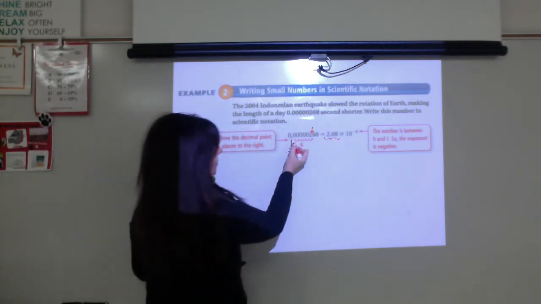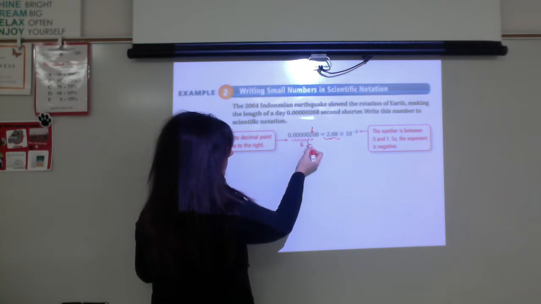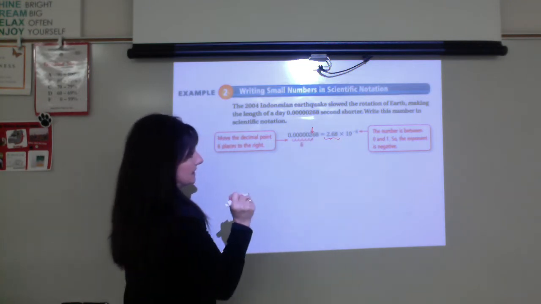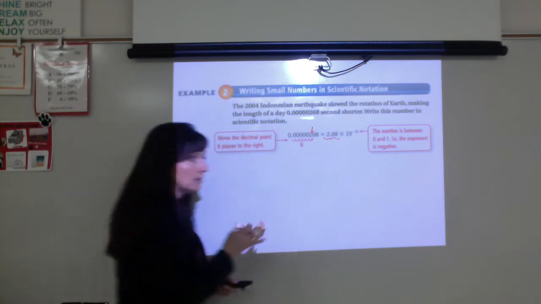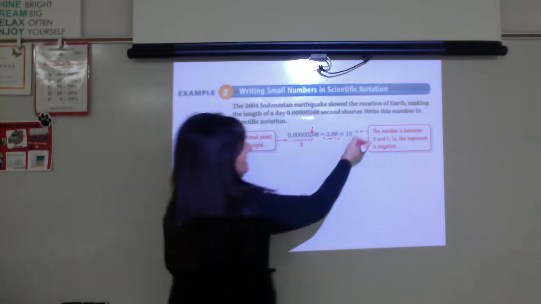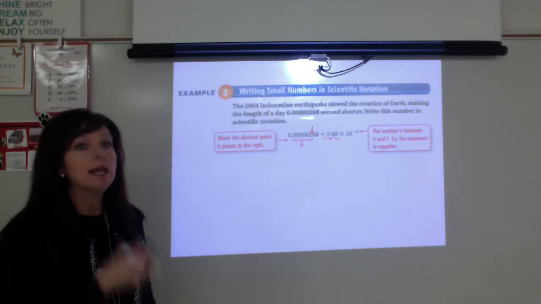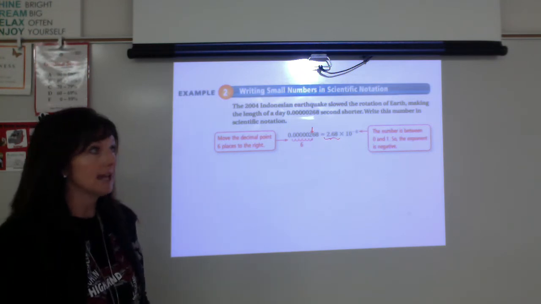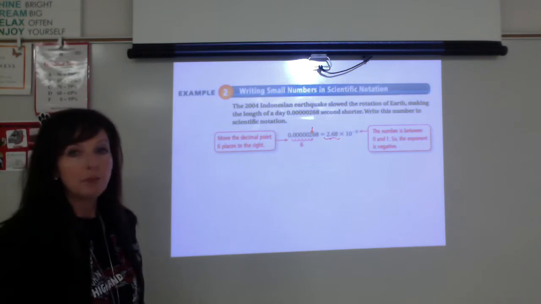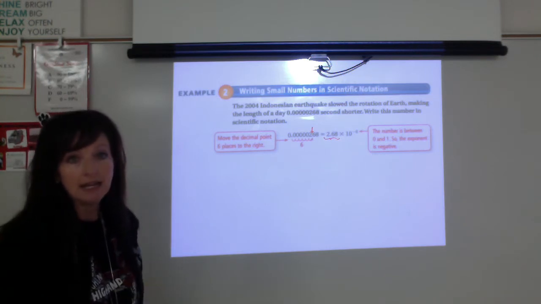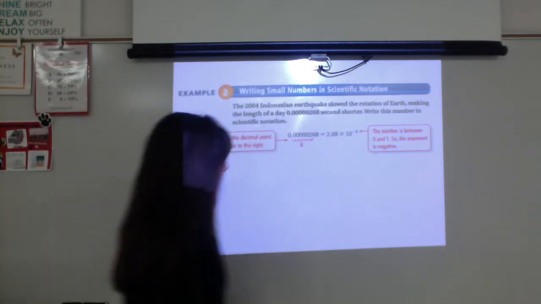So if we move it 1, 2, 3, 4, 5, 6, we're moving it 6 places, but because our original number was a small number, we will use that negative 6 integer. So that's how we keep track of whether it's large or small. And again, n is just counting the number of places, but it's positive for large numbers and in this case negative for small numbers. It gives us the value of the number.